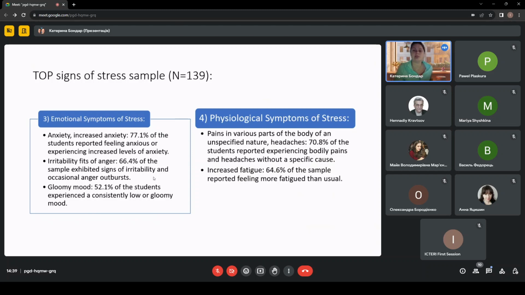And also there was pain in various parts of the body and increased fatigue for 64% of our sample, and it means really passive participants that sometimes are hardly able to launch into our activities.